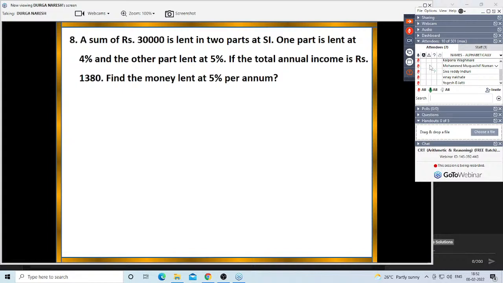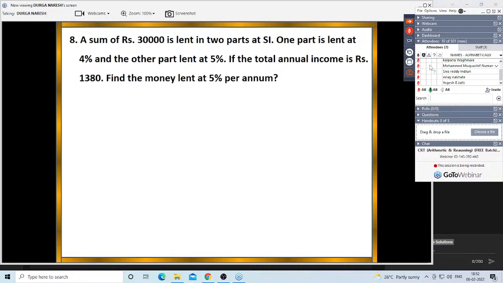A sum of 30,000 rupees is lent in 2 parts, at simple interest. One part is lent at 4% and the other part is lent at 5%.